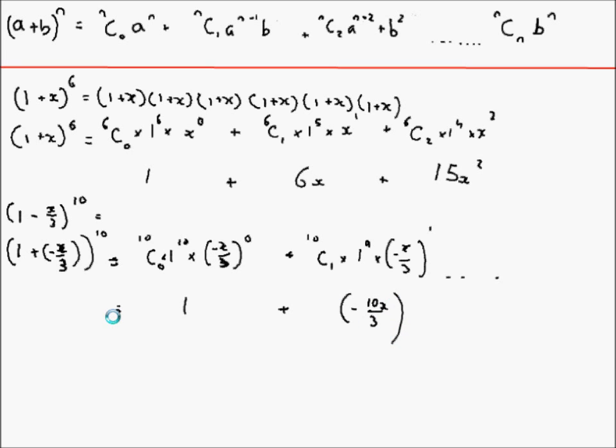Next, in binomial expansion, you may be asked to find a certain term of an expansion. Say you're given 1 minus 4x to the power of 7, which would equal 1 plus negative 4x to the power of 7, and you're asked to find the third term.